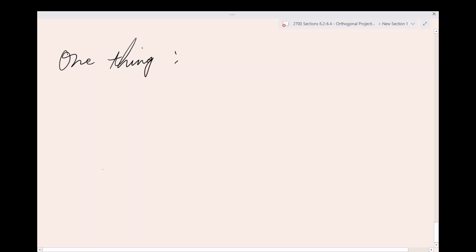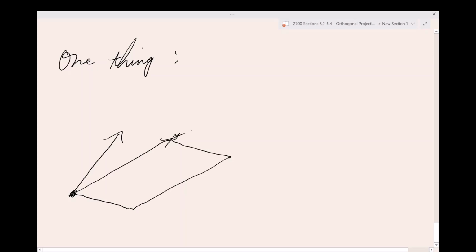So say we're in 3-dimensional space. So I've got this 2-dimensional plane here. And then I've got some vector, let's say here's the origin, and I've got some vector shooting up off that plane.